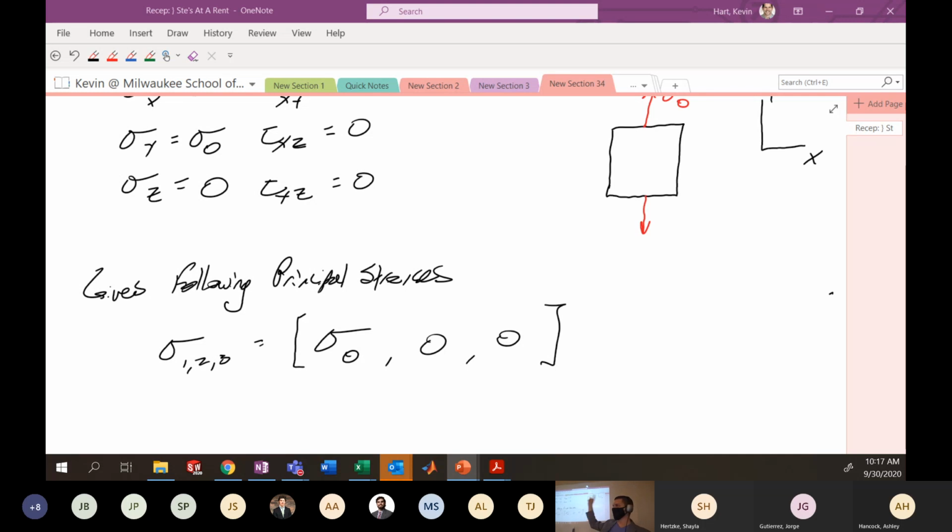Now, can we set up some criteria so that if we have some other arrangement of principal stresses, we can compare this known state of failure to the state that we currently have to see if it's greater than this or less than this? That's the general idea behind failure criteria. We know with a very simple one-dimensional experiment, it will fail with this loading. So let's compare the complicated loading situation to this situation through principal stresses to see if it's going to fail or not. Clear? Okay.